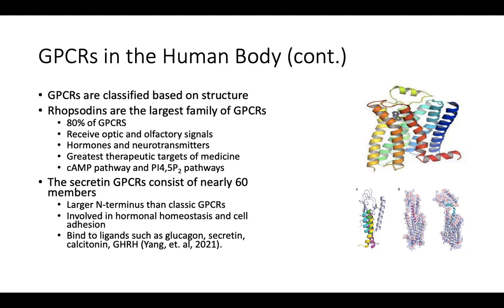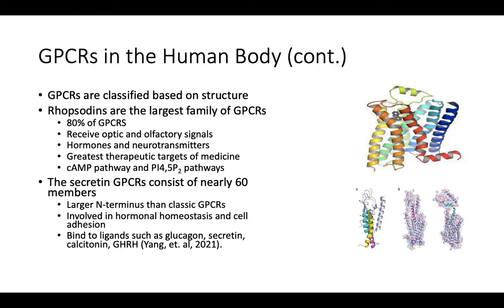Then we have our Class B, and these are known as the secretin GPCRs. There are around 60 members, so it's a substantially smaller group. But these are going to have a larger N-terminus than the classic GPCRs. This is important because these GPCRs are involved in hormonal homeostasis, so they need ideal communication between them and other cells, because hormones are all about communication.